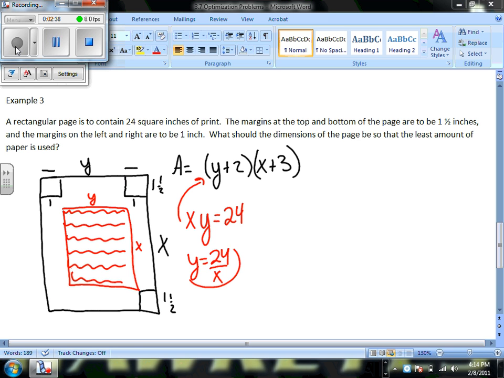Let's substitute that back into our equation. So now we have area equals 24 over x plus 2, times x plus 3.